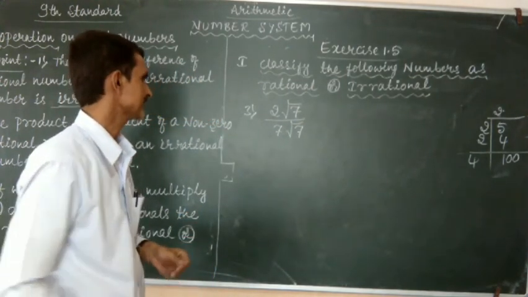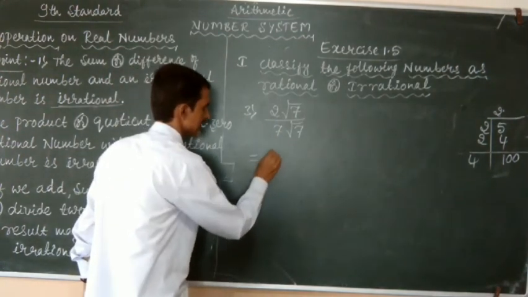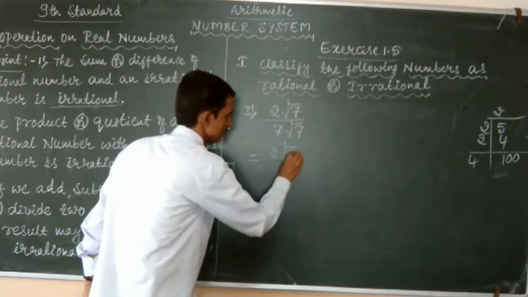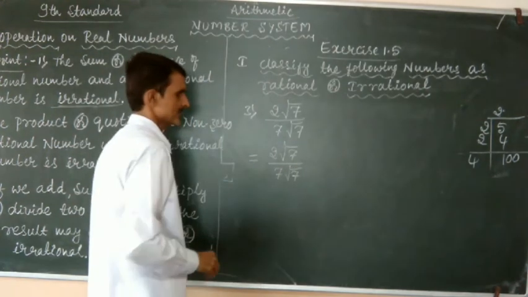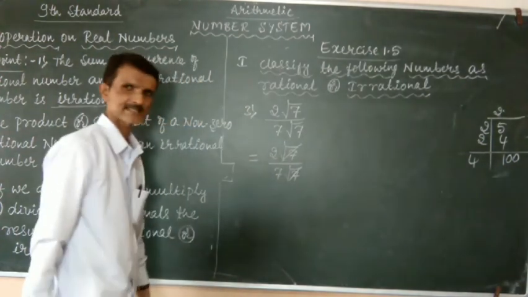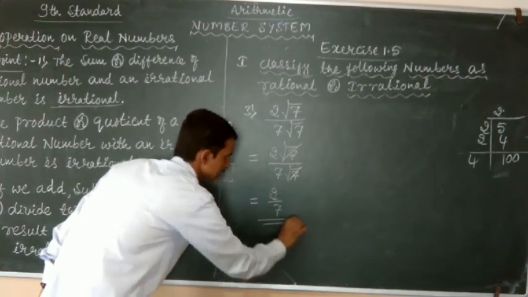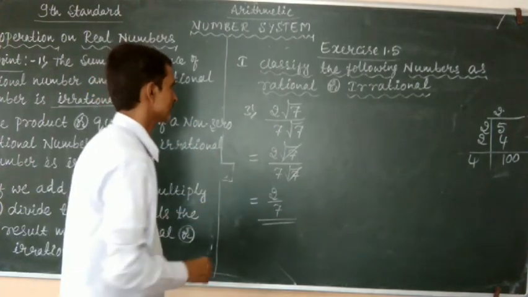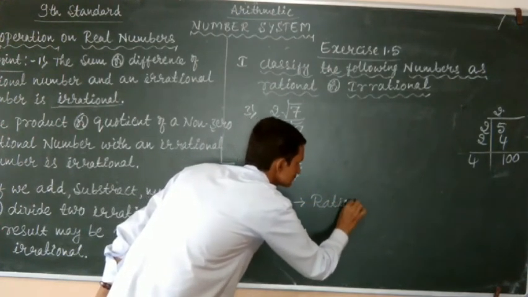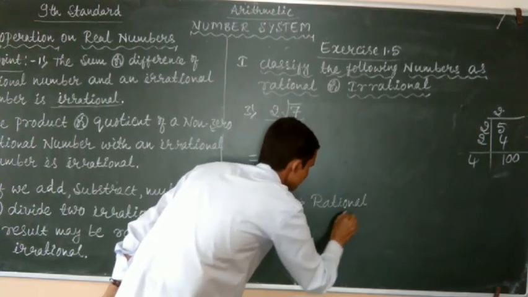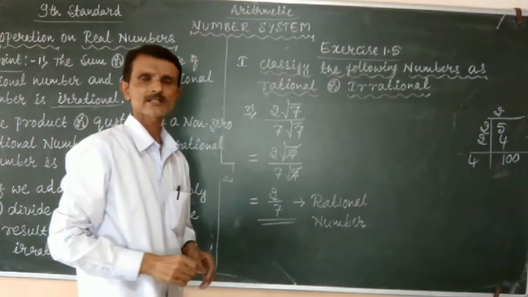The solution for this is: write 2 root 7 by 7 root 7. Here root 7 gets cancelled. The remaining is 2 by 7, which is of the form p by q. Therefore, it is a rational number.